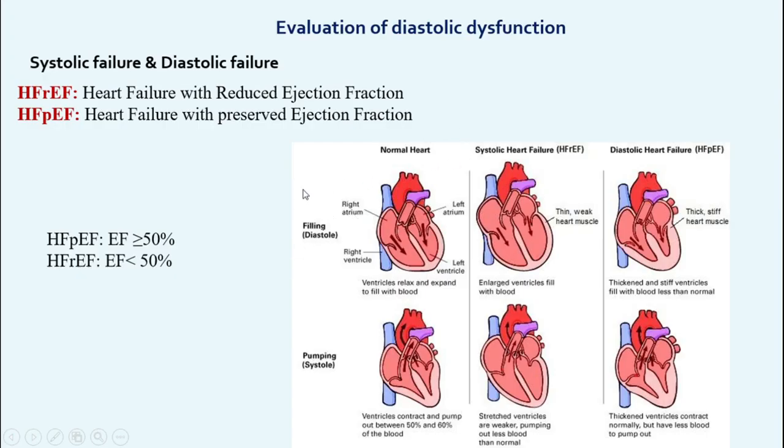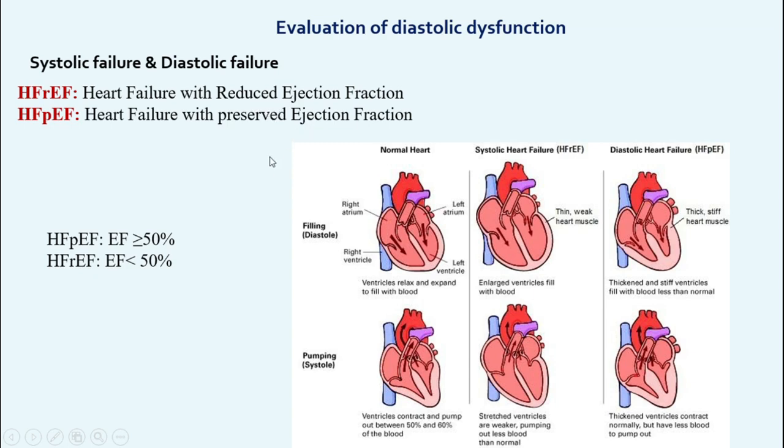Based on the mechanism, heart failure can be divided into two groups, systolic and diastolic. In systolic failure, the pumping has a problem and the heart cannot eject blood effectively, and we call it heart failure with reduced ejection fraction. Another group is when we have only diastolic dysfunction.